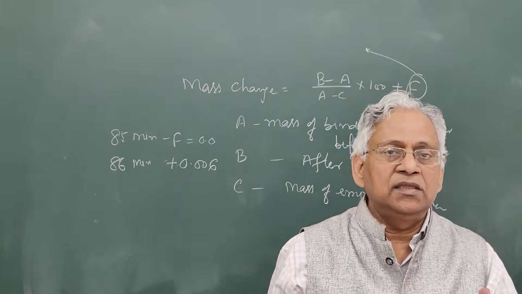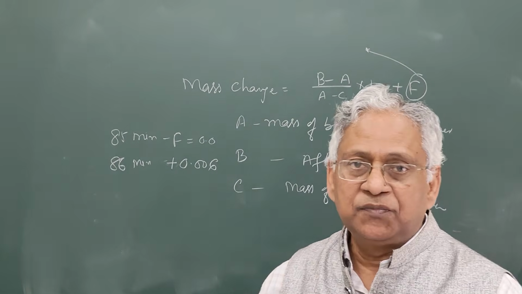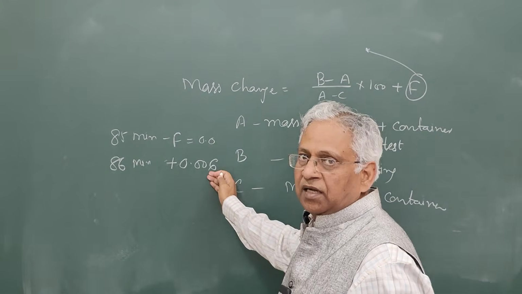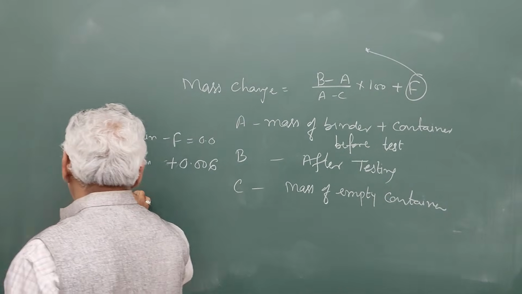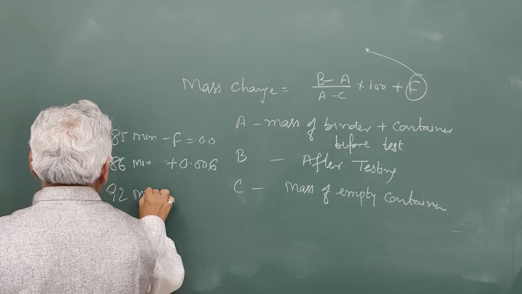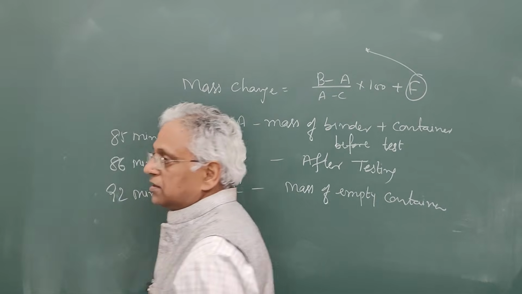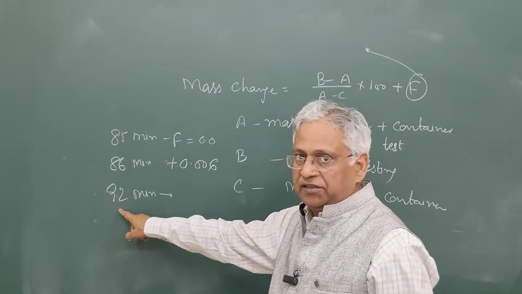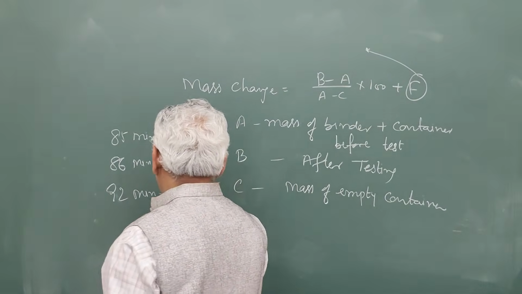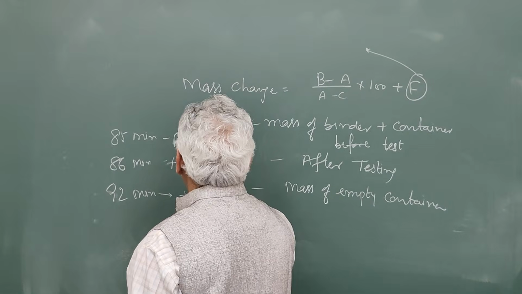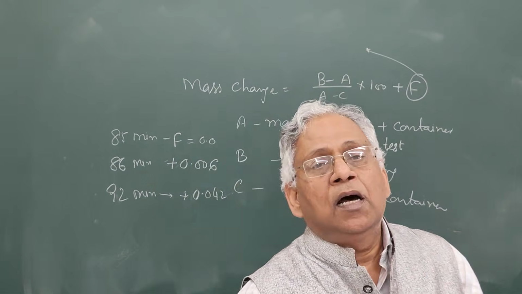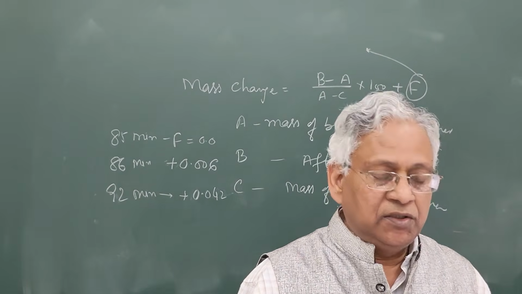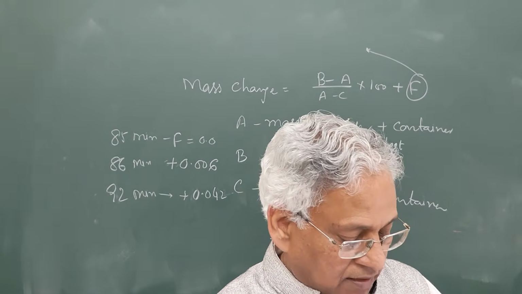For every 1 minute increase in the conditioning time, this correction factor increases by 0.006. Therefore, for 92 minutes, meaning the elevation of the lab is 8000 feet, this factor will be plus 0.042. And now you can report this change in the mass up to the accuracy of 0.001%.